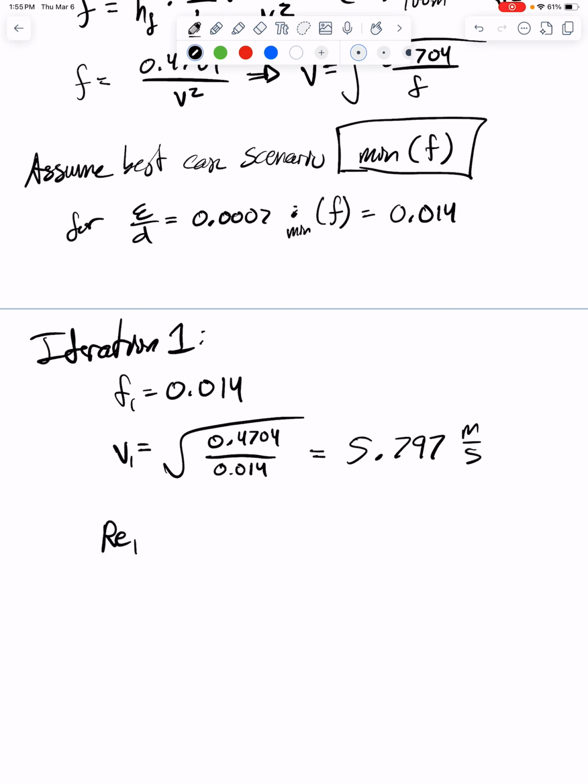Actually, and I'm labeling 1 for first iteration. And sorry, Reynolds number is rho v d over mu, which is also v d over nu. I have obtained the following calculation.